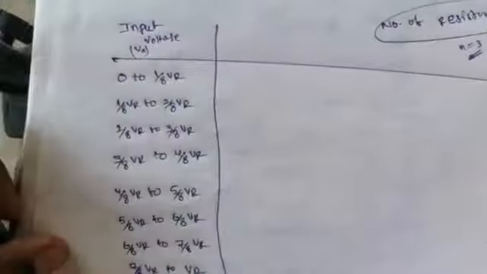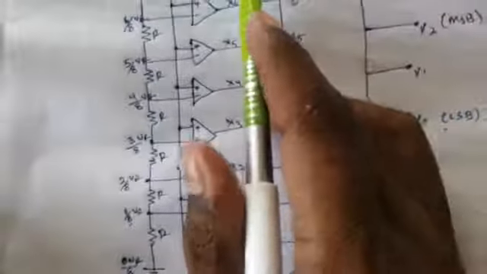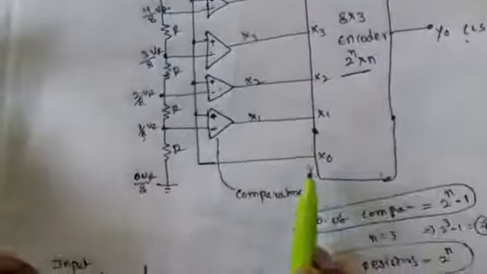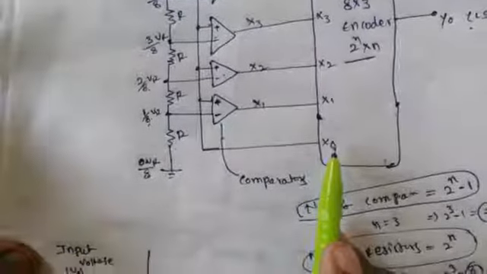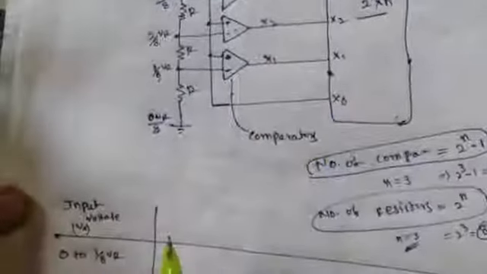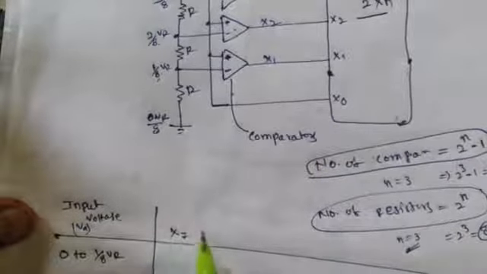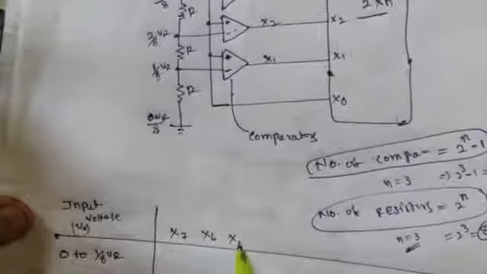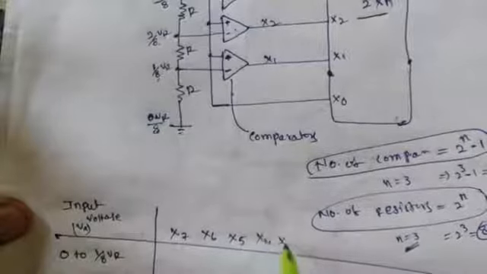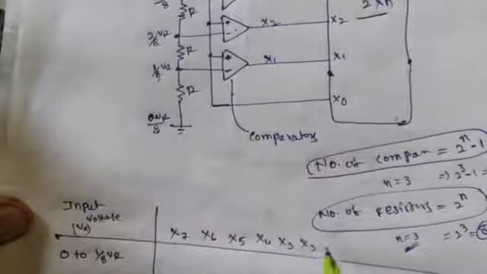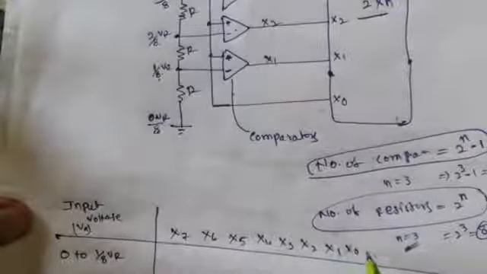In these stages we will check the corresponding comparators. How many comparator outputs are there? That is X7 to X0. In the last case we connect X0 directly. So you can write here X7, X6, X5, X4, X3, X2, X1, X0.